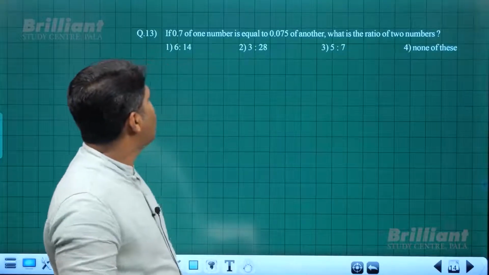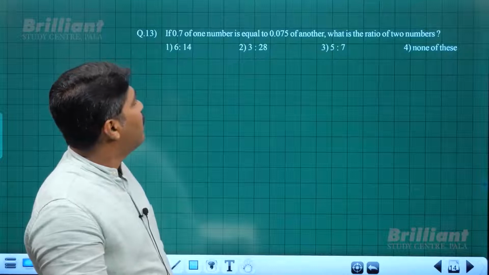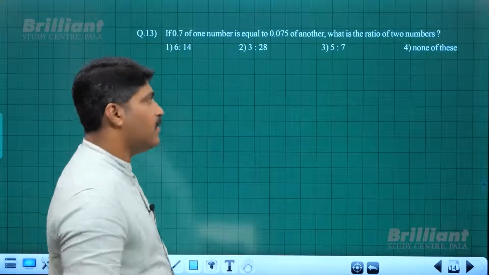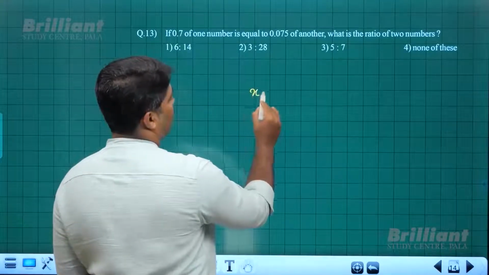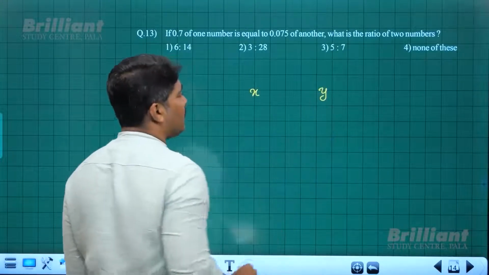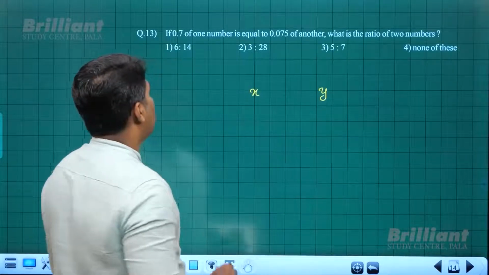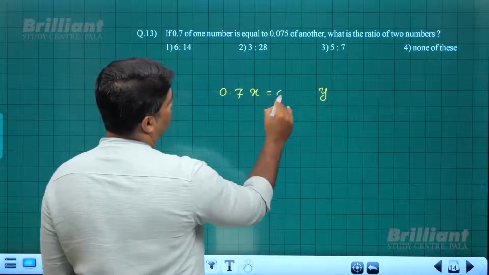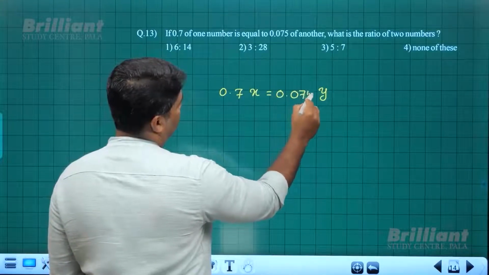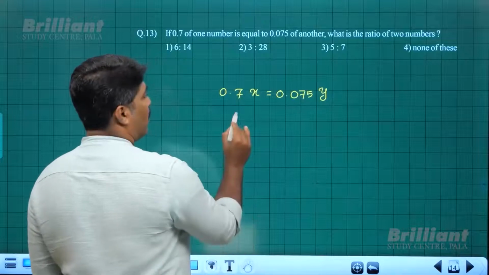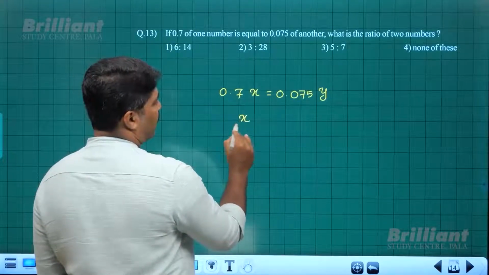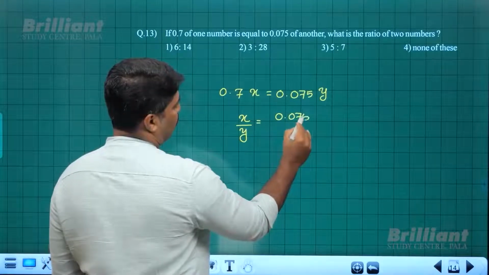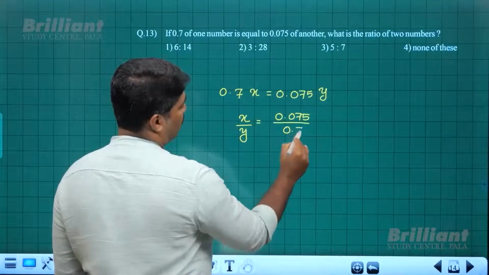The next question: 0.7 of one number is equal to 0.075 of another number. What is the ratio of the numbers? Here we consider the numbers are x and y. It is given that 0.7 of one number is equal to 0.075 of another number. If we are writing this one as x by y, what is x by y? So 0.075 by 0.7.